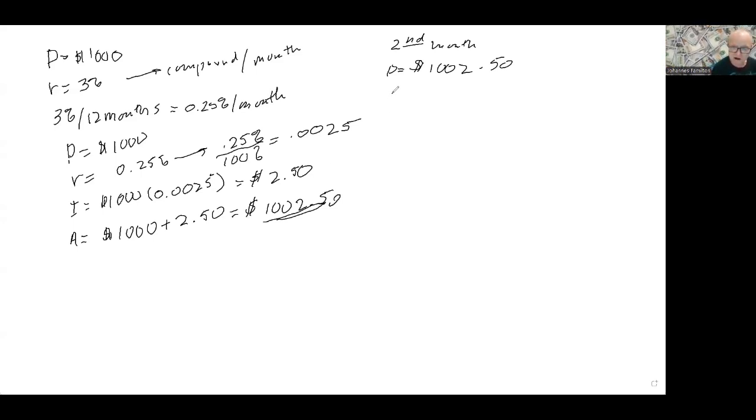Our interest, I, will be principal, $1,002.50, because that's our new principal, times the monthly rate that we calculated earlier, 0.0025, and we get $2.51.